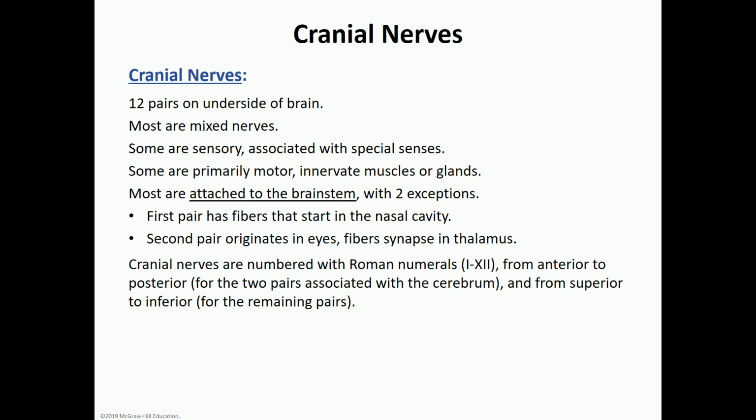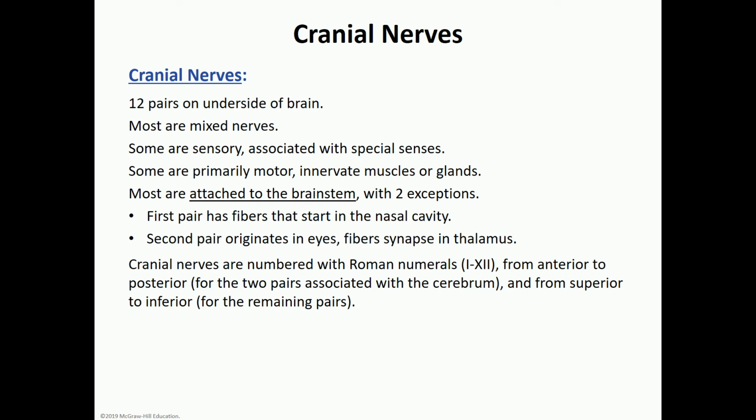Now the cranial nerves: we have 12 pairs, and 10 of them come off of the brainstem. They originate from the brainstem, except for 2, cranial nerve number 1 and cranial nerve number 2.